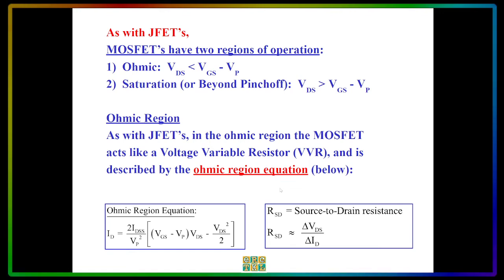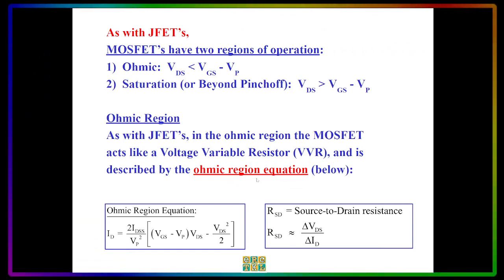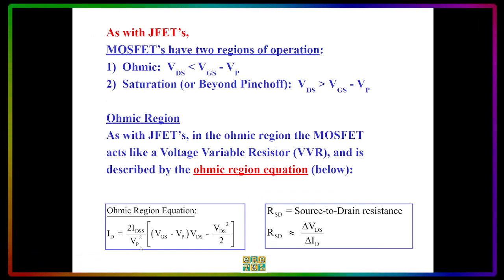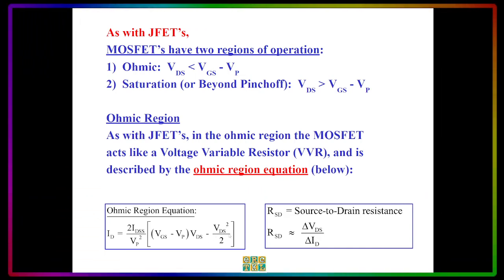And this is described by the ohmic region equation below. So you will see here the ohmic region equation. The ID is equal to 2 IDSS divided by VP to the second power, multiplied by VGS minus VP, multiplied by VDS, minus VDS to the second power, divided by 2.